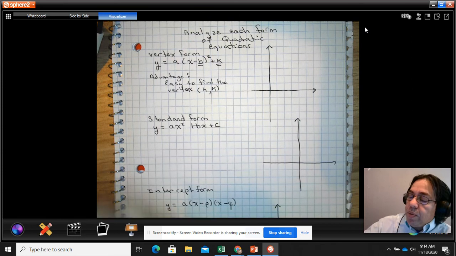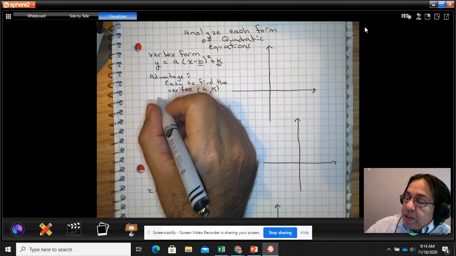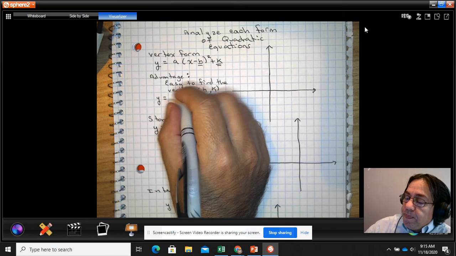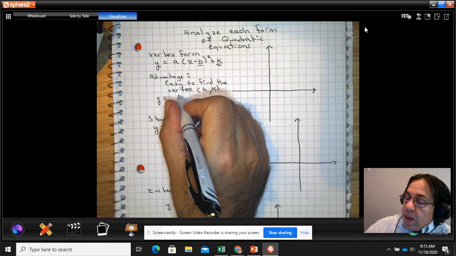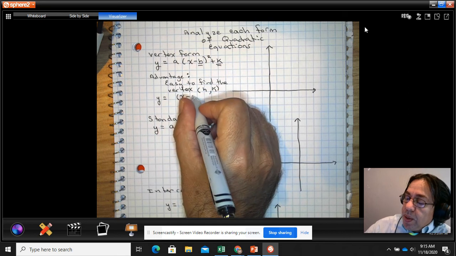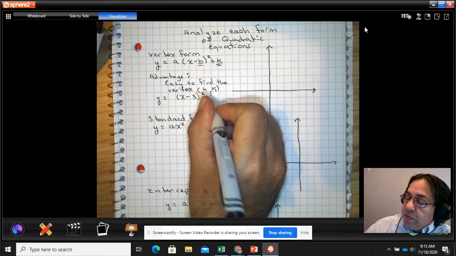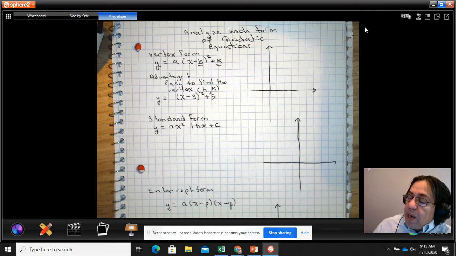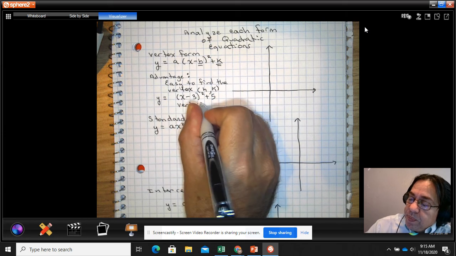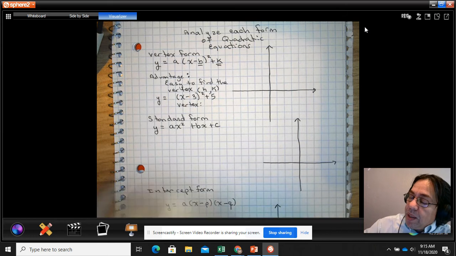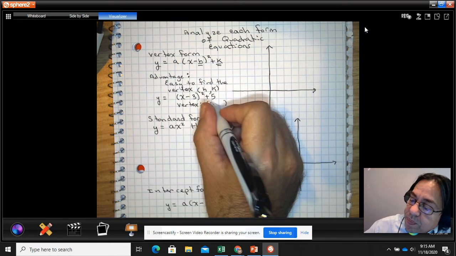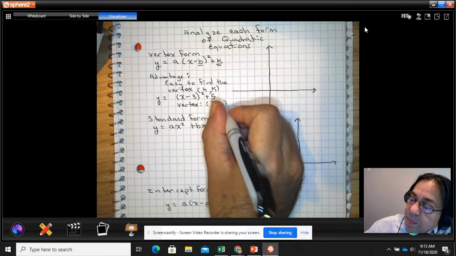So let's look at an example. If I have an equation that says y equals (x minus 3) squared plus 5, I know that my vertex is found at the point, change the sign, keep the sign, (3, 5).